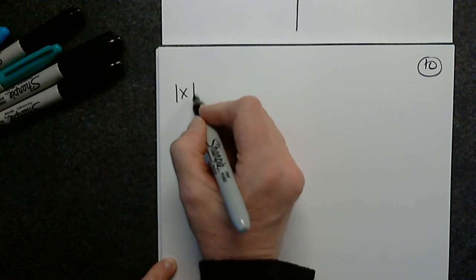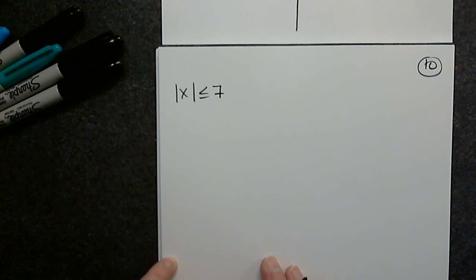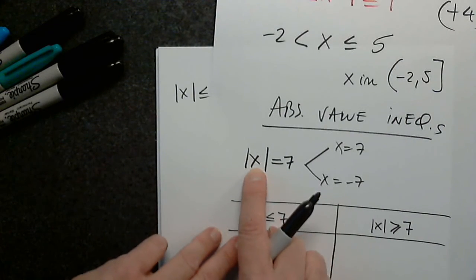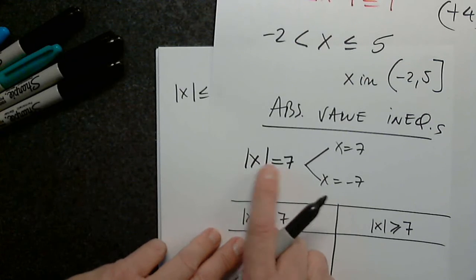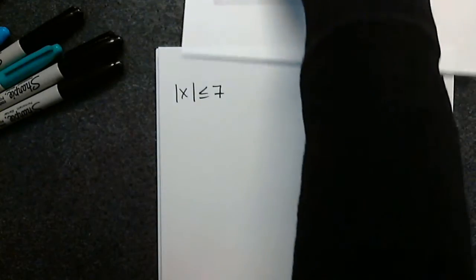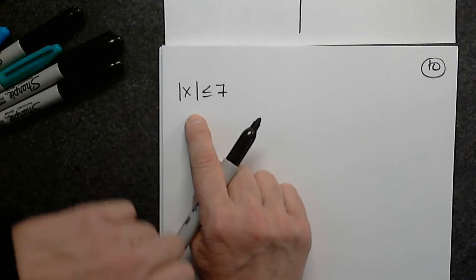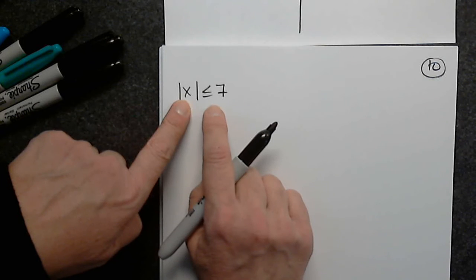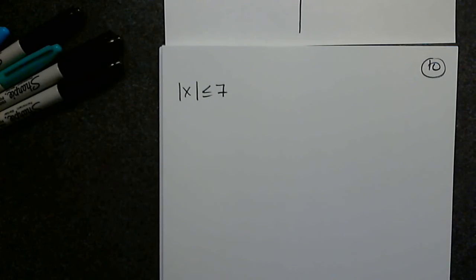So let's talk about the first one. If this one said, find numbers whose distance from 0 is 7, and I found two numbers, this one says, find numbers whose distance from 0 is 7 or less. It doesn't say exactly 7. It says 7 or less.